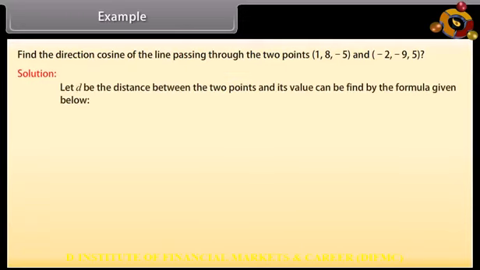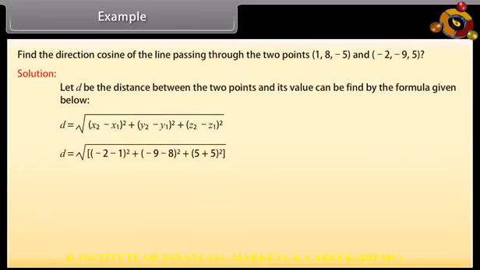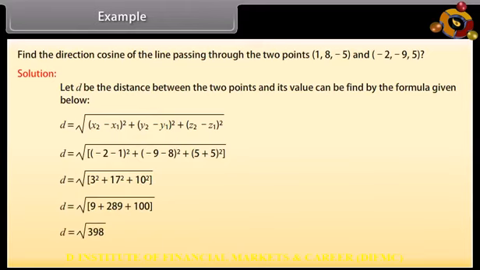Let d be the distance between the 2 points, and its value can be found by the formula d equals the square root of (x2 minus x1) square plus (y2 minus y1) square plus (z2 minus z1) square. d equals square root of (minus 2 minus 1) square plus (minus 9 minus 8) square plus 5 square. d equals square root of 3 square plus 17 square plus 10 square. d equals square root of 9 plus 289 plus 100. d equals square root of 398. d equals 19.94.